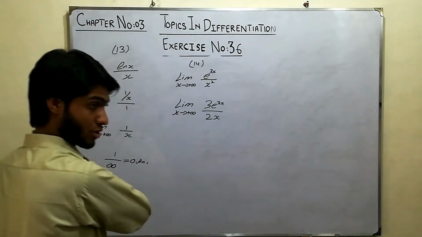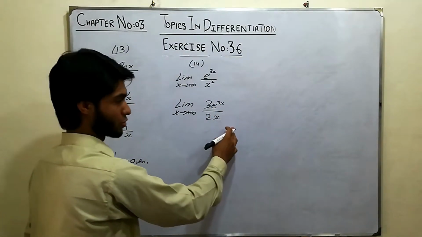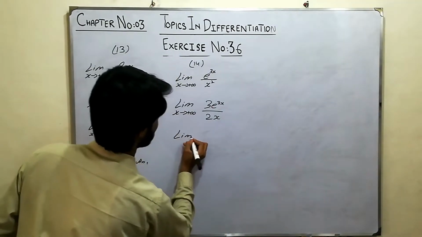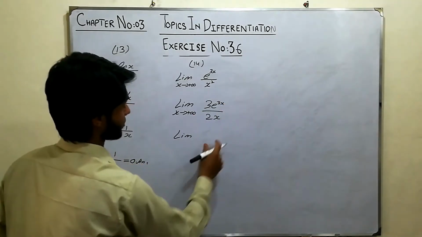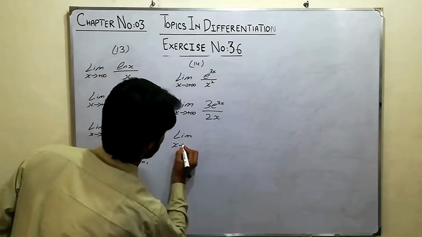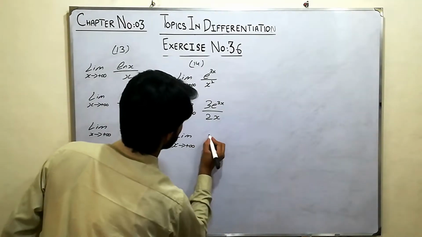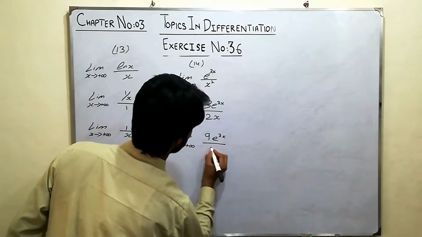Now again, if we put the limit in that function, we have the form infinity by infinity. So we take the derivative of this function again. Limit as x approaches plus infinity. If we take the derivative again, we have 9e^(3x) divided by 2.